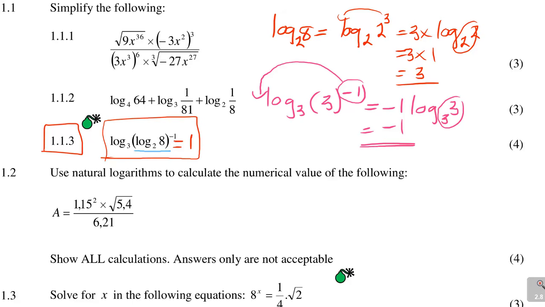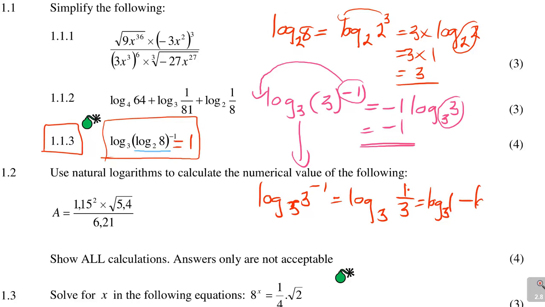But even here, someone will be tempted to say, 3 to the power negative 1, you could have taken it the other way around. What if I wrote it like this? Log base 3 of 3 to the power negative 1 is the same as saying log base 3 of 1 over 3. Remember, that is 3 to the power negative 1. It's still the same. You can apply the logs. If it's division, it means log base 3 of 1 minus log base 3 of 3.